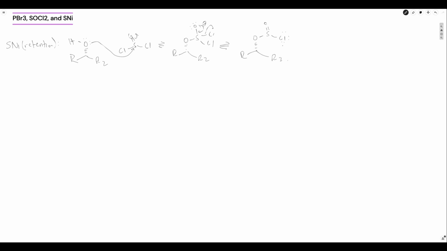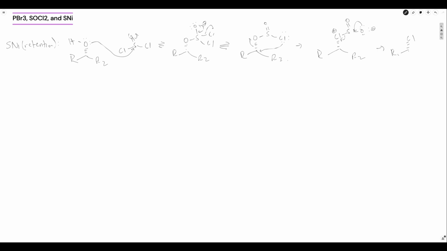The SNI mechanism is very interesting. It's actually this. What you get is this reforms like this, and this returns to the chloronium to neutralize the charge. So what you end up getting here is retention.